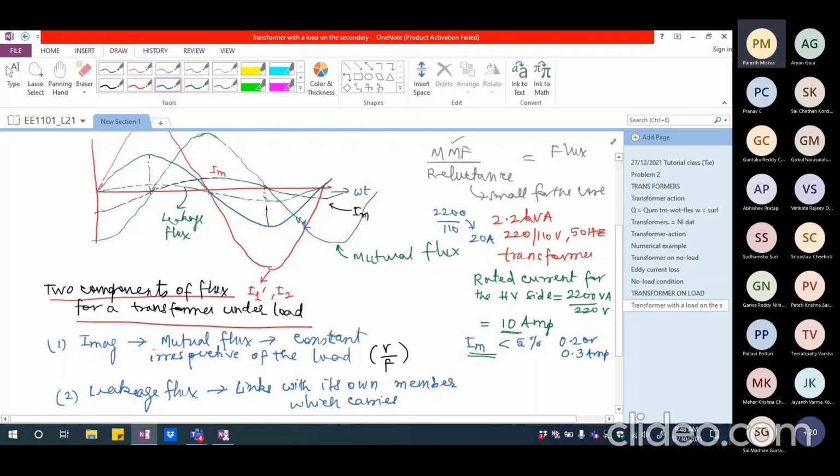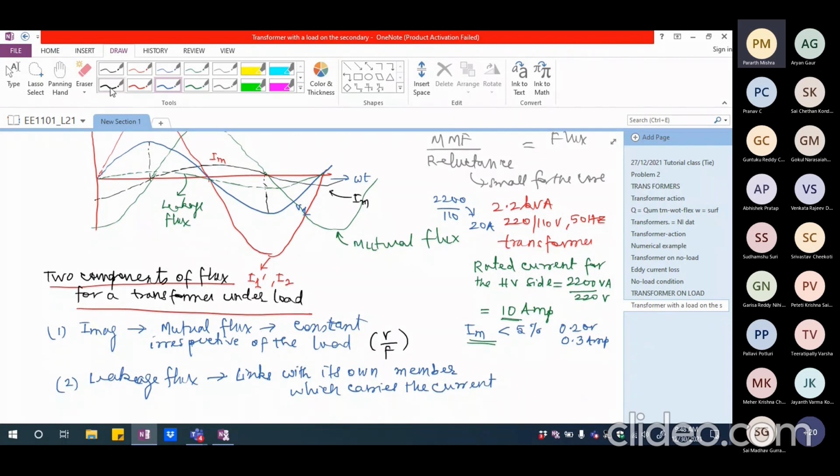It will not link with the secondary. The same way, if the secondary is carrying a current, the secondary will establish a flux through the air gap, which links only with the secondary winding. So this is essentially going to link with its own self. And this will be proportional to the current carried by the winding.